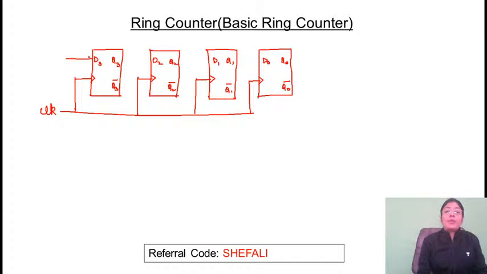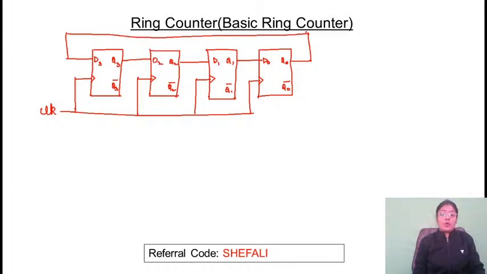Input will be provided from one end. Let's assume that this is some input, and the output of the previous one becomes the input for the next one, for the next one, for the next one. In case of a ring counter, the output of the last flip-flop will be connected and will behave as the input for the first flip-flop.